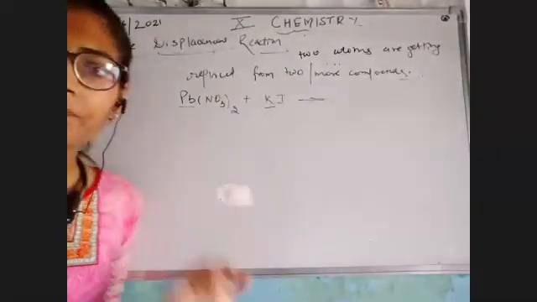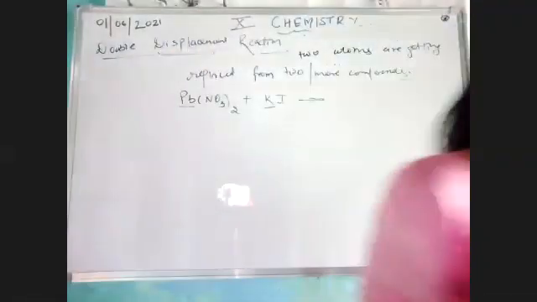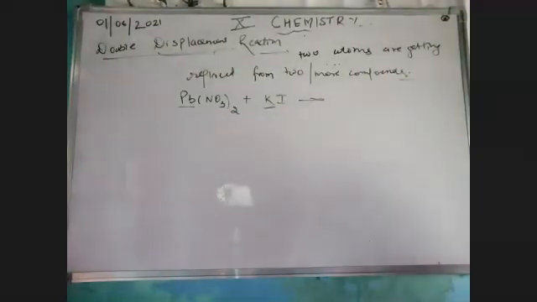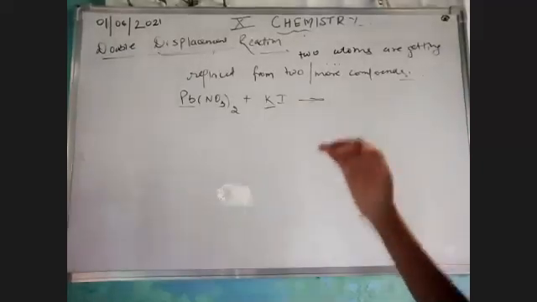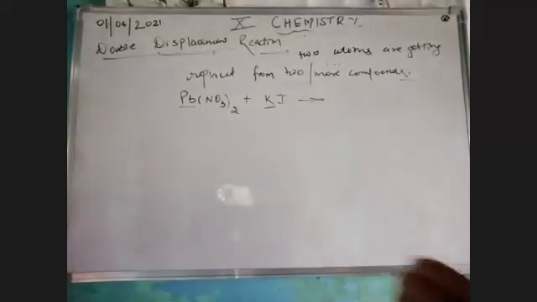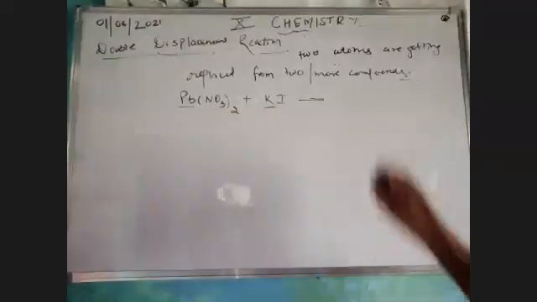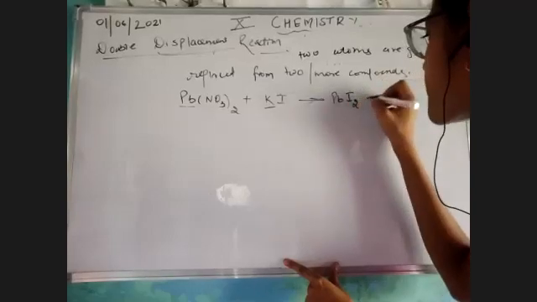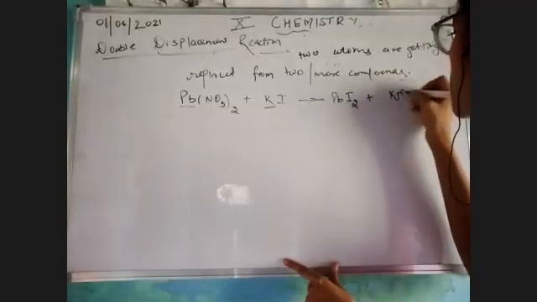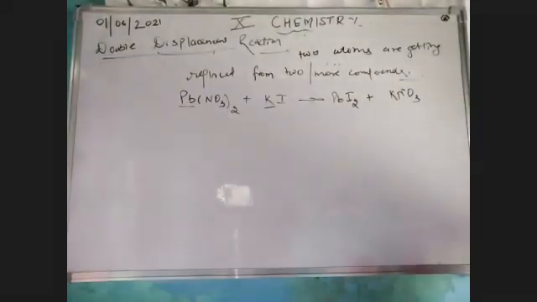So now we have lead nitrate as well as potassium iodide. What would happen? The first point is, in this double displacement reaction, the two atoms are replacing each other's positions. So there is formation of lead iodide plus potassium nitrate. Am I clear?